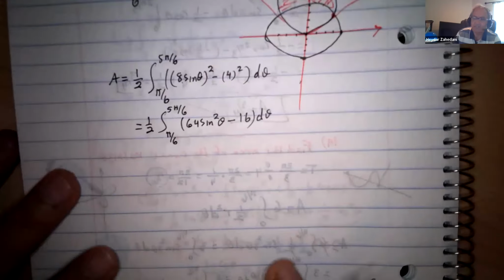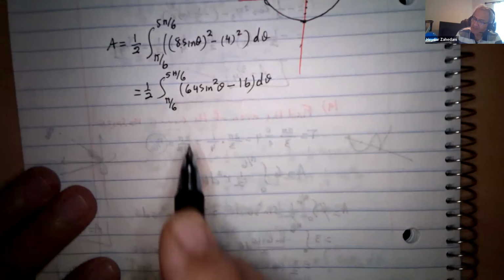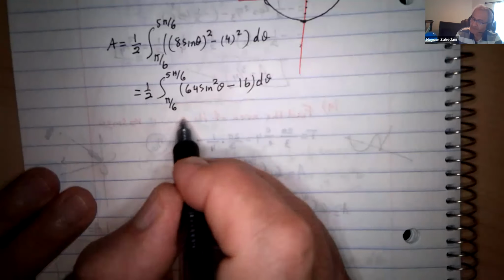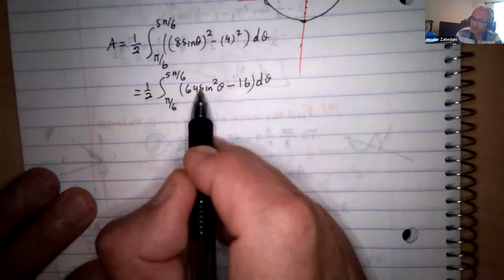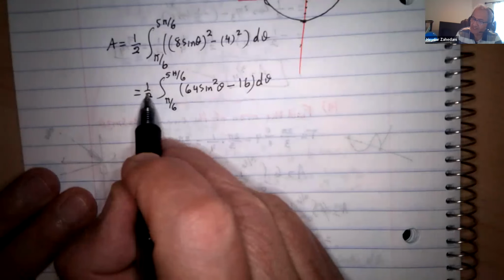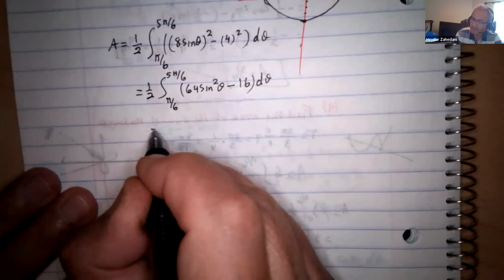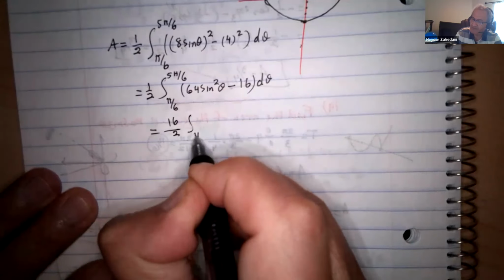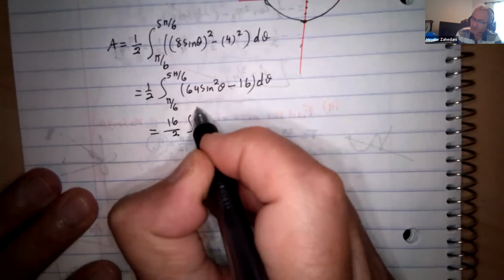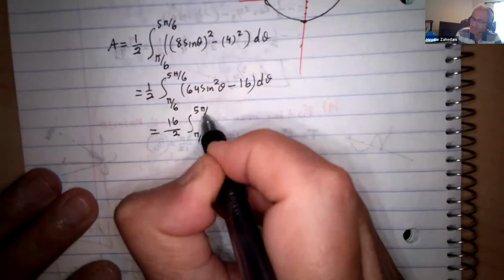Then you have to integrate it, nothing else. So we can simplify that a little bit. If you pull out the 16, then the 1/2 can be simplified. So it's going to be 16/2 integral from pi/6 to 5pi/6.